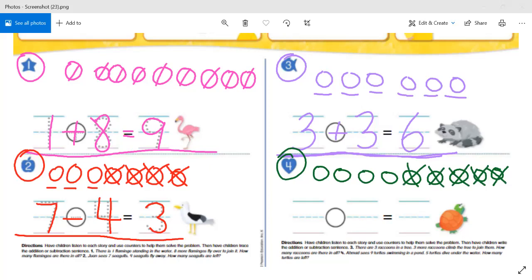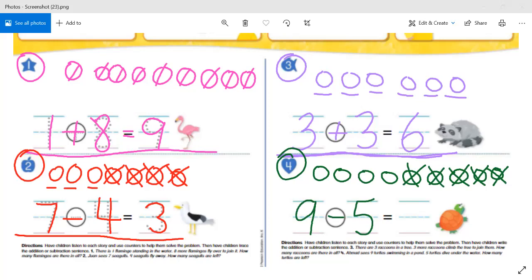So first we write how many in all. We had 9 turtles to begin with. How many turtles dove into the water? 5. Now, did we take away or add 5? We took away, we subtracted.